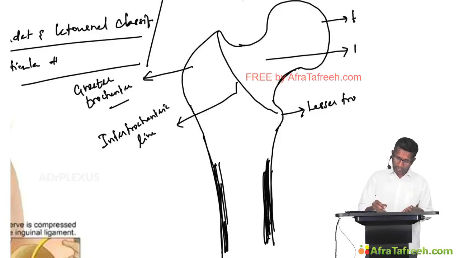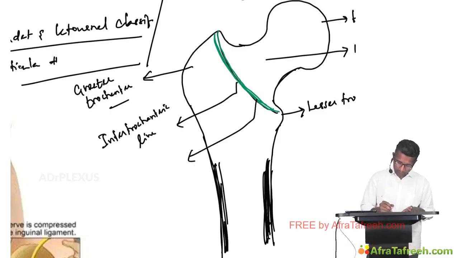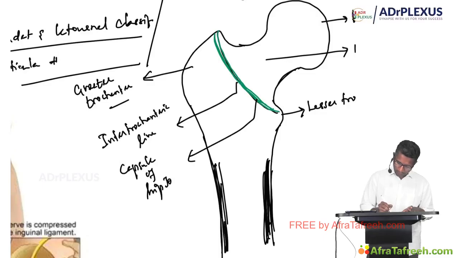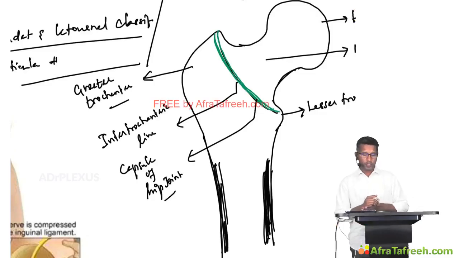It is the attachment of the capsule of the hip joint. The capsule of the hip joint is attached to the intertrochanteric line.